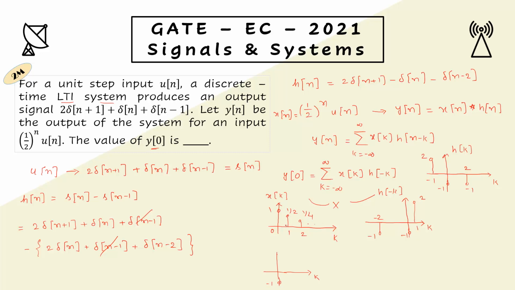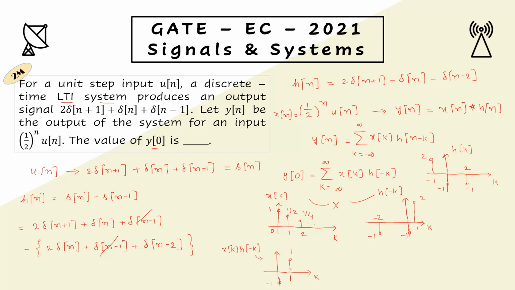Note that before 0, x of k is completely 0 and hence the product would be 0. At 1, h of minus k amplitude is 2 and x of k amplitude is half. If you multiply these two, you get 1, because 1 by 2 times 2 is 1. So this is the plot of x of k times h of minus k.